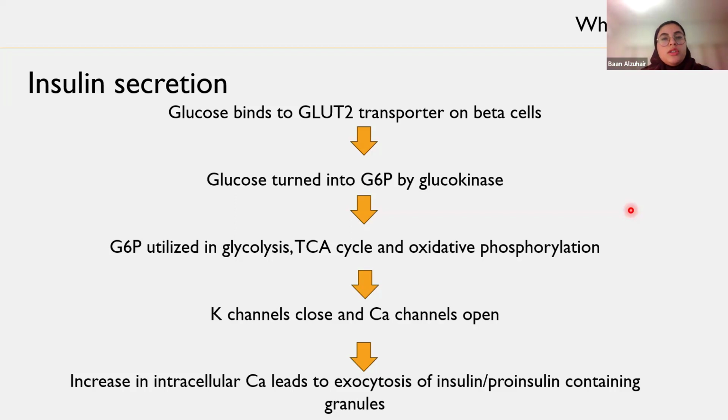An increase in intracellular calcium would lead to the exocytosis of granules or vesicles that have insulin or proinsulin inside of them, and insulin gets released into the body. That's basically how the body responds to glucose binding to GLUT2, all the way into the exocytosis of the granules.